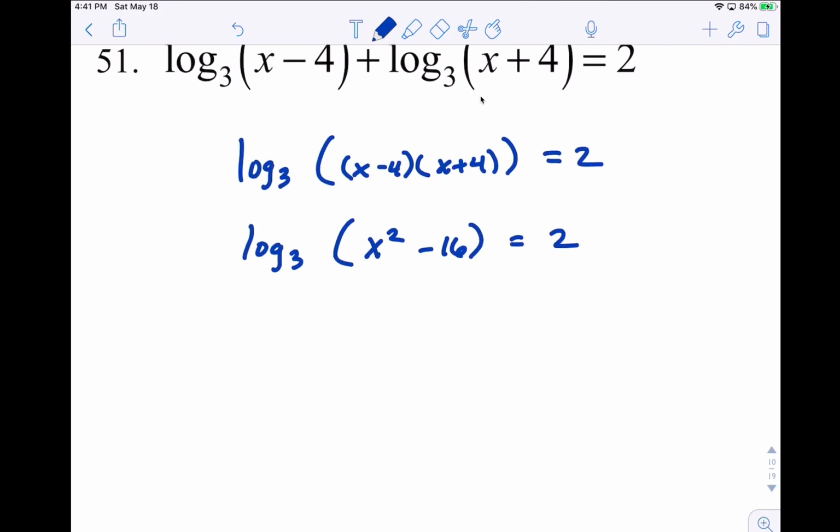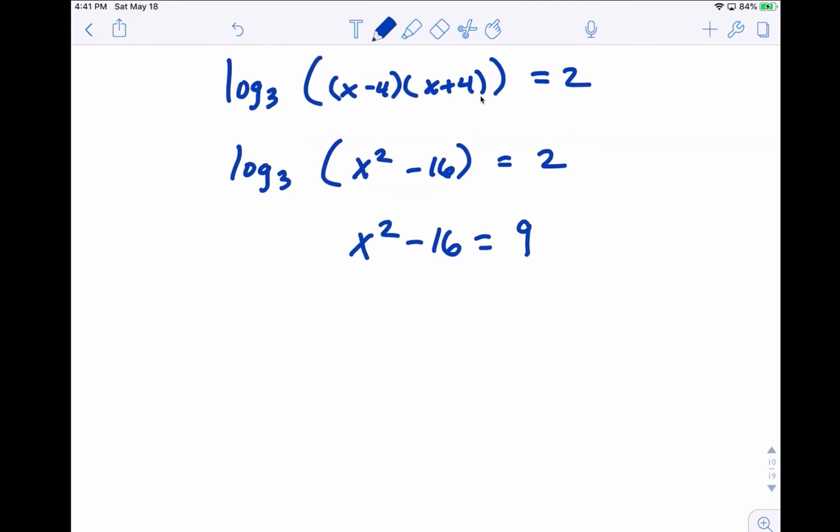Right, and then if I write it in exponential form, I get 3 squared equals x squared minus 16. So that's x squared minus 16 equals 9, which is then x squared equals 25, and then x equals 5 or negative 5.